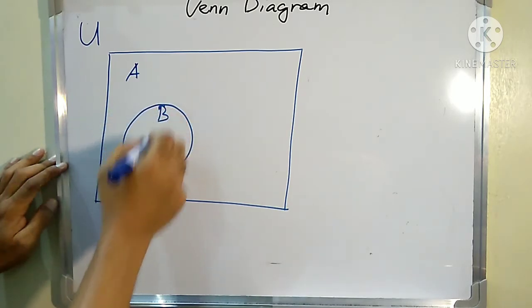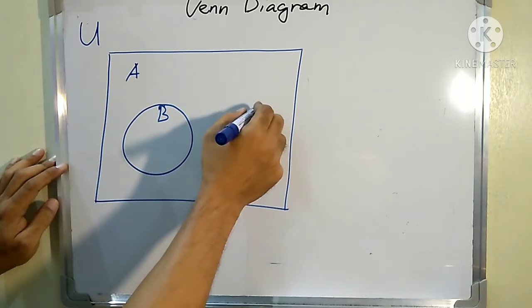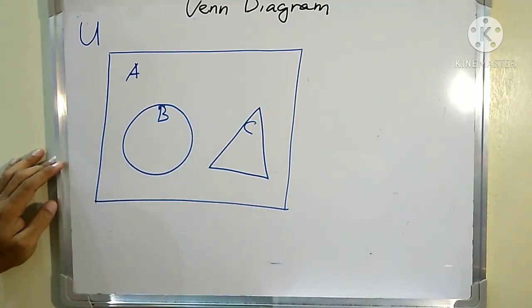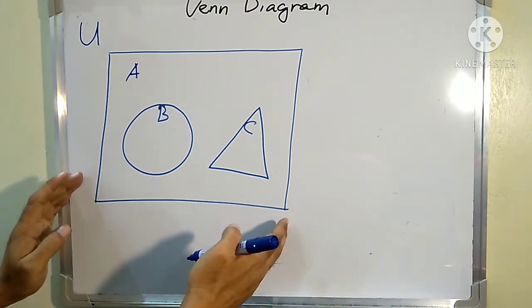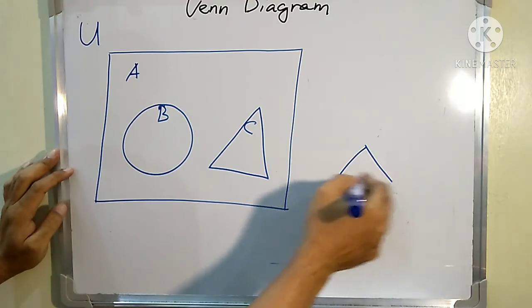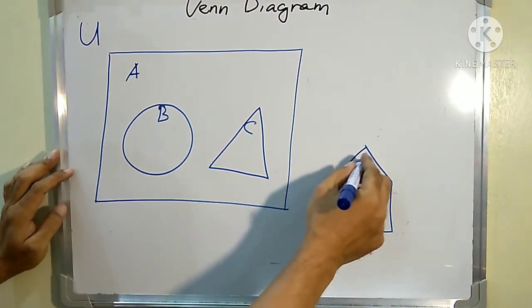We call it set B. And another set also from A is set C. Outside A, we have another set of the universal set U, and we call that set as set D.